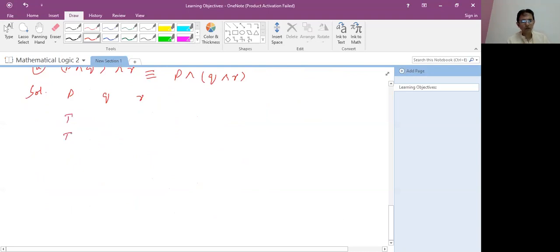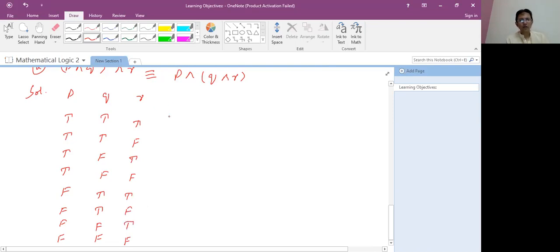True, true, true, true, false, false, false, false; true, true, false, false, true, true, false, false; true, false, true, false, true, false, true, false. This is how we consider the 3 variables, student.